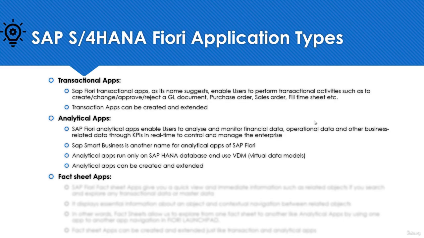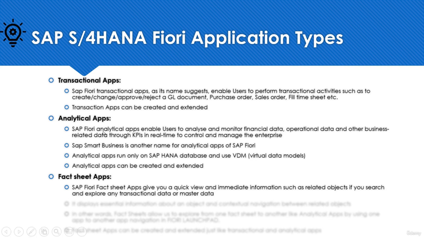The next is fact sheet apps. SAP Fiori fact sheet apps give you a quick view and immediate information such as related objects if you search and explore any transactional data or master data. It displays essential information about an object and contextual navigation between related objects.